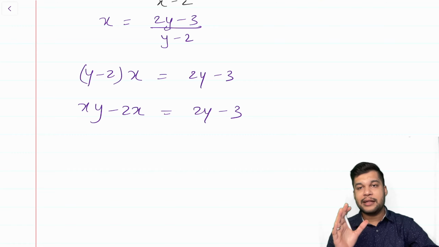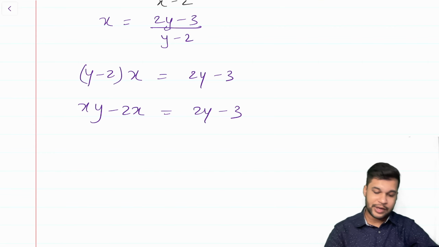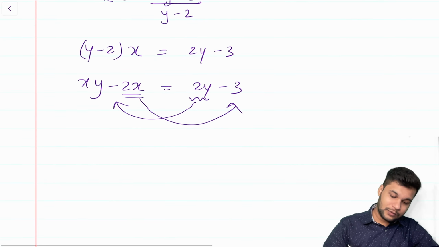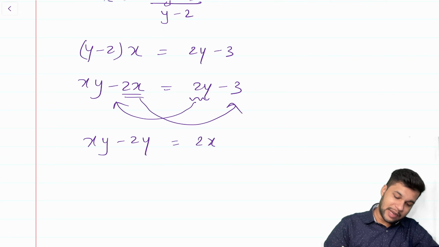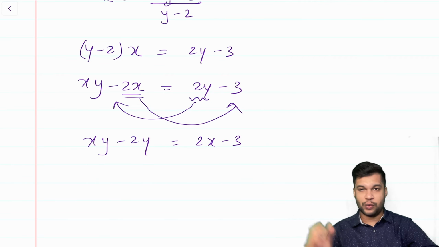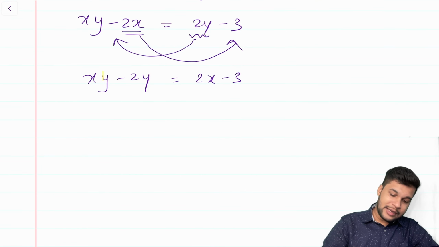Now I am going to collect the terms including y on the left and the rest of the terms on the right. So I am shifting 2y to the left and I am shifting 2x to the right. So you get xy minus 2y equal to 2x minus 3. Minus 2x goes on the right hand side and becomes plus 2x, right? Now you can take y common.